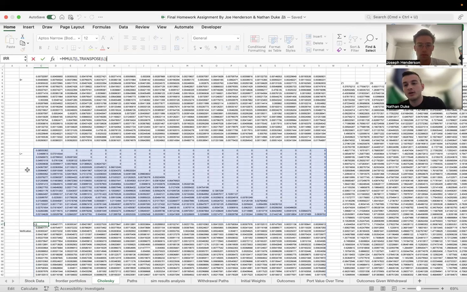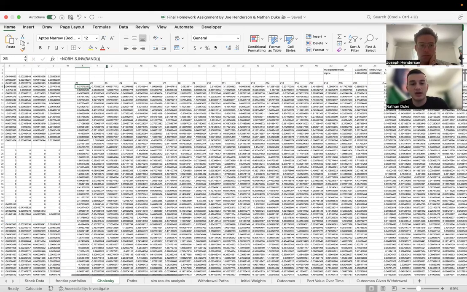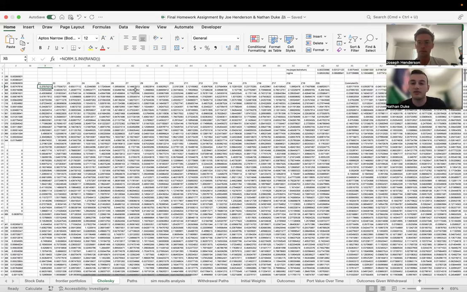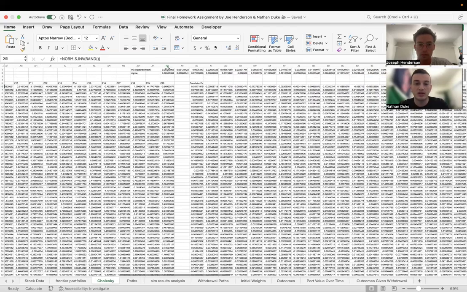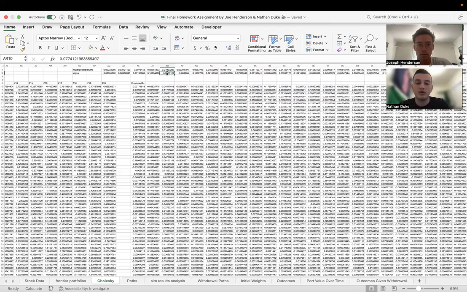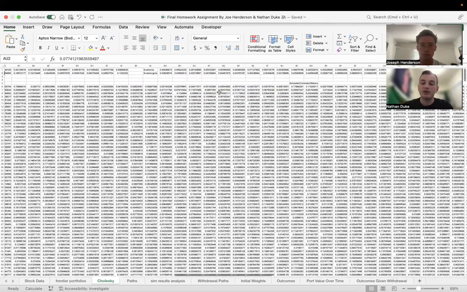which is labeled S. Moving over to the right, you can see we have our 20 Z's, using how we've done the whole year, using the NORM.S.INV for the random number. And then you can see at the top there, the mu expected return and the sigma. That again is from the stock data tab. And we also, according to the instructions, had to scale those.